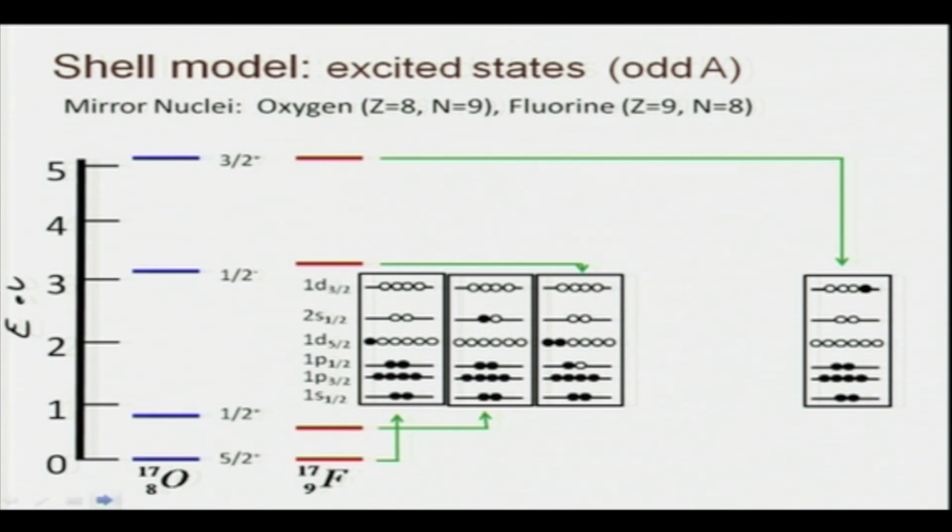Again we have one single neutron unpaired, but now that is in the 1p 1/2 state, and this 1p 1/2 state has j equal to 1/2 and L equal to 1. Therefore, it is an odd parity I equal to 1/2 nuclear state.